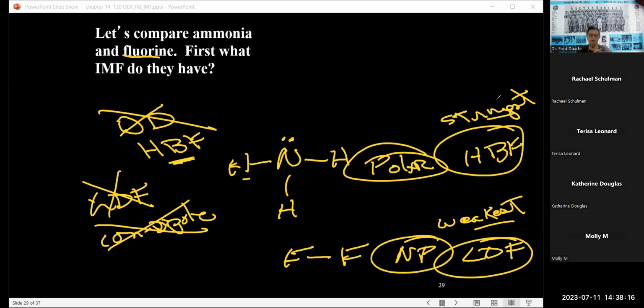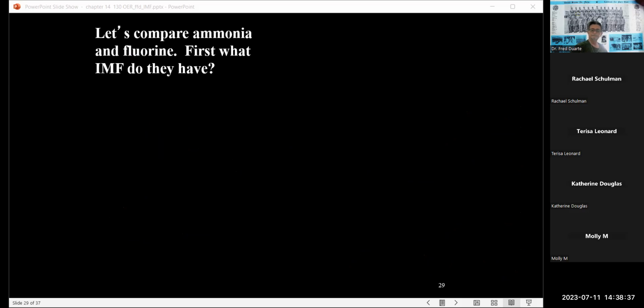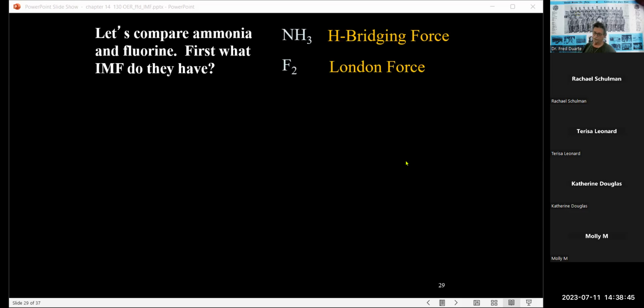No mention here of ion-dipole. You can't really do any comparison with molecules that have ion-dipole. Just those three forces: London dispersion forces, dipole-dipole, and hydrogen bonding. All right, so we've done that. Let's clear this up. There are the structures, and there's the assignment of the particular force.